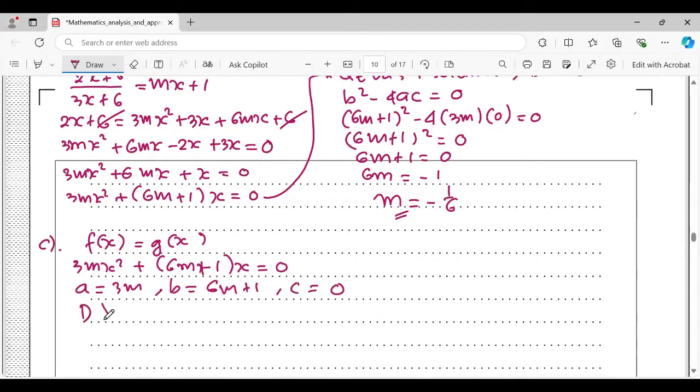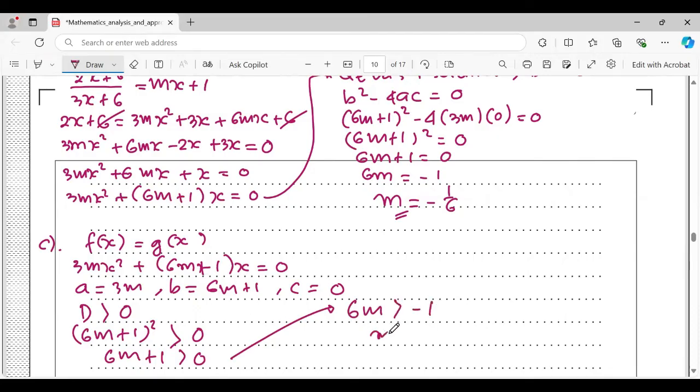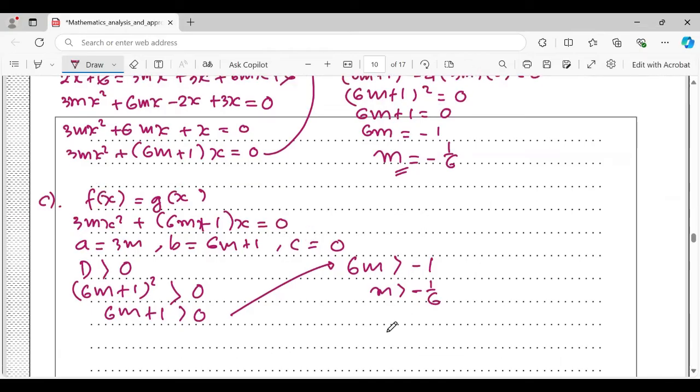If the discriminant is greater than 0, then (6m plus 1) squared greater than 0, so 6m plus 1 is not 0; 6m greater than minus 1, m greater than minus 1 over 6. The conclusion: m should be greater than minus 1 over 6, less than 0.